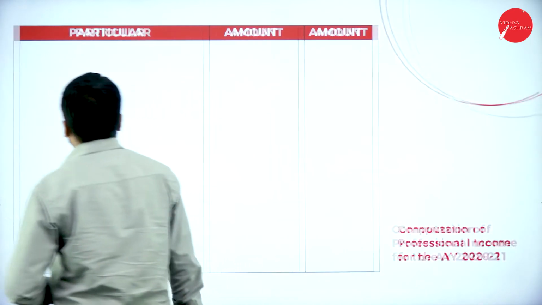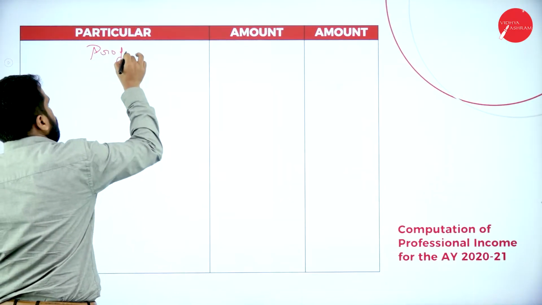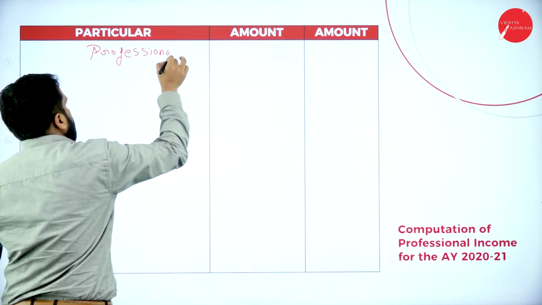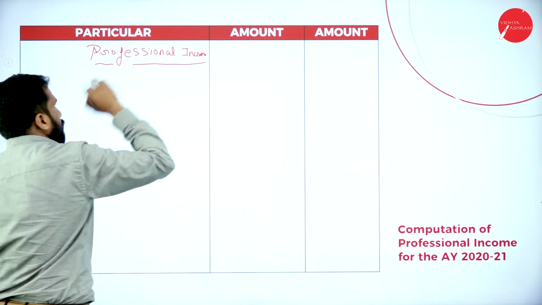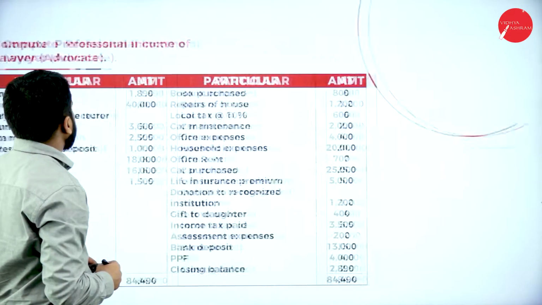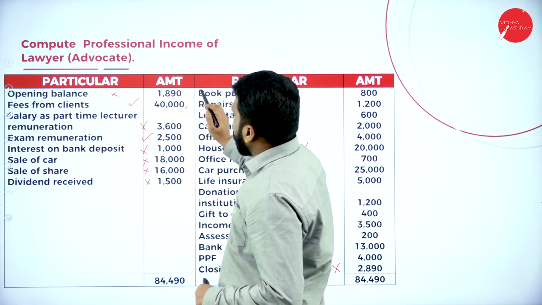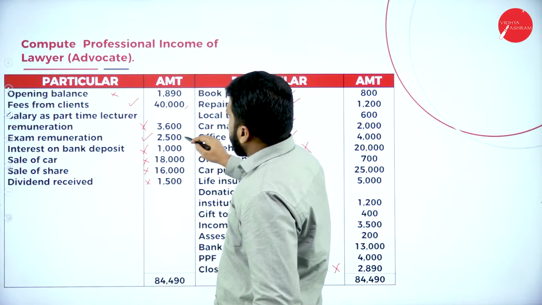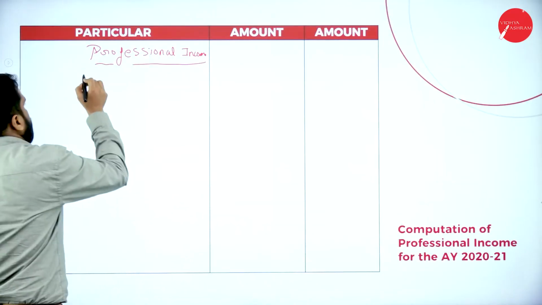In this, your professional income. I'll go back. You have fees from clients 40,000 and exam remuneration 2,500.